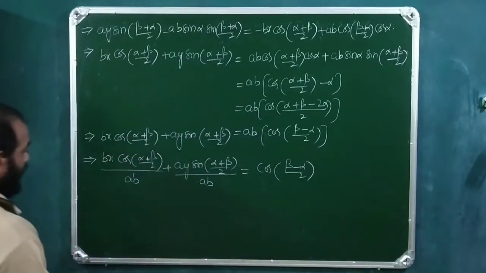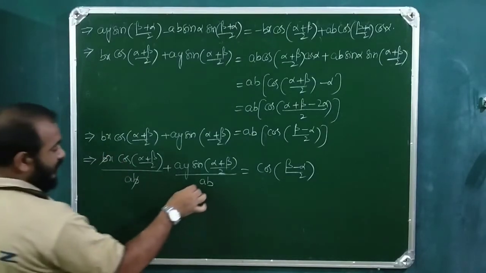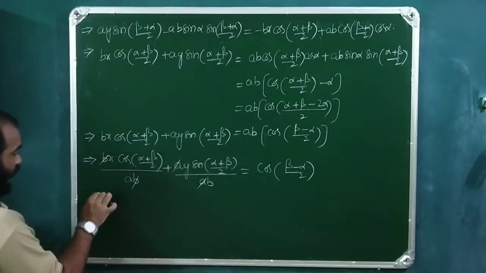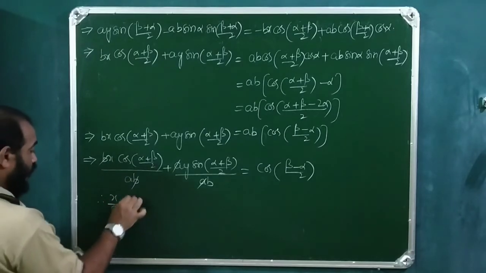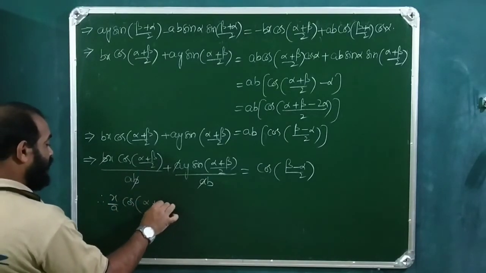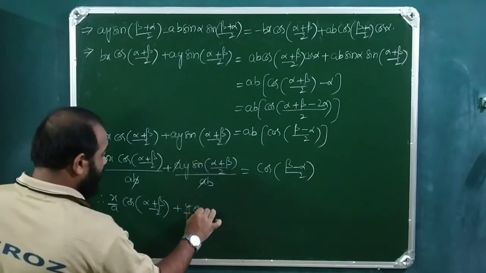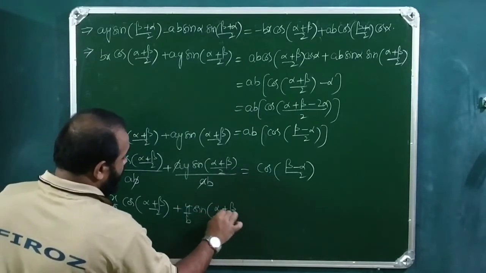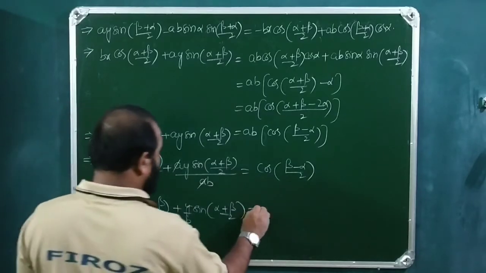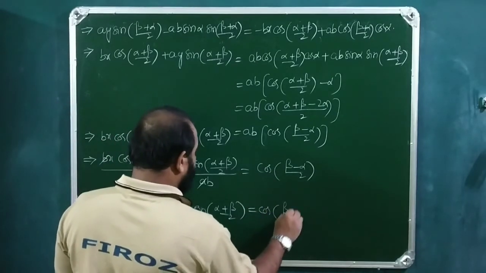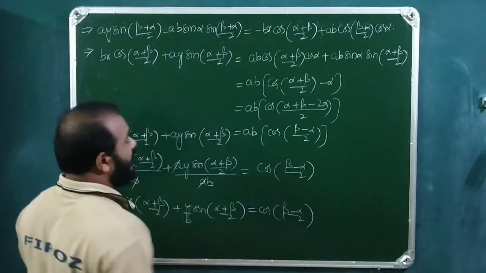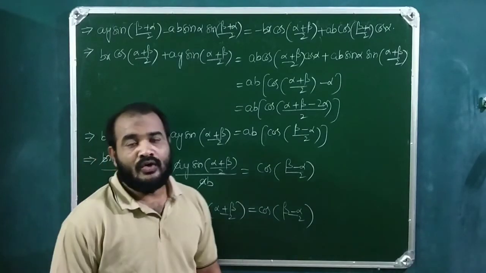So here this b gets cancelled and a gets cancelled. Therefore x by a cos (alpha plus beta) by 2 plus y by b sin (alpha plus beta) by 2 is equal to cos (beta minus alpha) by 2, is the equation of the chord joining the 2 points.